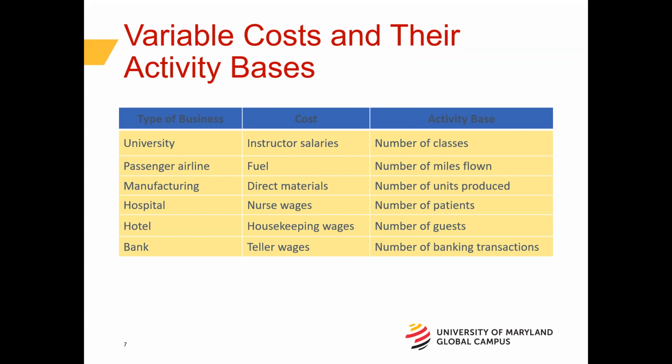One of their primary cost drivers is fuel, and the activity base is the number of miles flown. Makes sense. It's kind of like your car. There's another example. Let's say type of business, a taxi service like Uber or what's the other one? Lyft. Their primary cost is fuel, and it'll be based off of the number of miles driven.